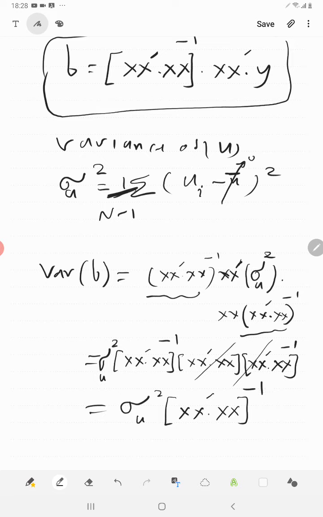This will cancel, so you finally get sigma squared times (X transpose X) inverse. This is what we call the covariance. Since B has many elements, not just one, we call that variance covariance. Let me correct that for you: it's covariance.